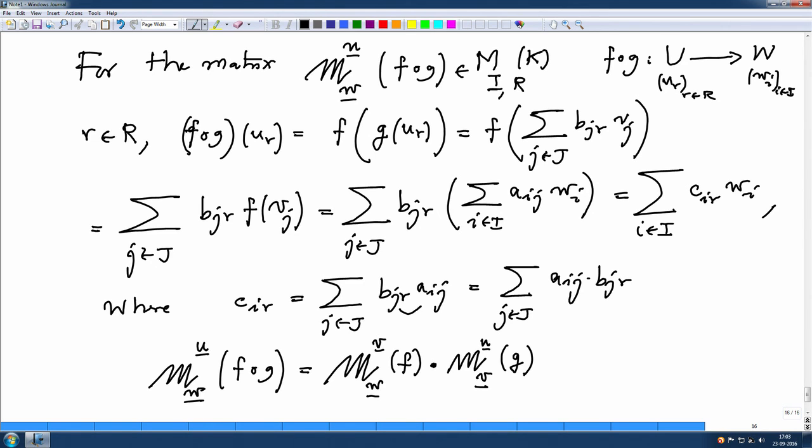So let us spell that out. The matrix of F was A I J, right? And the matrix of G was B J R.